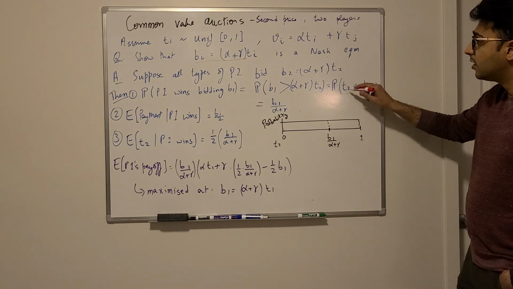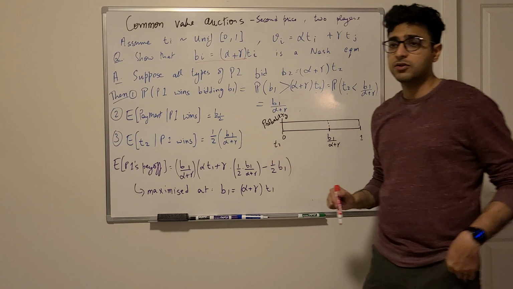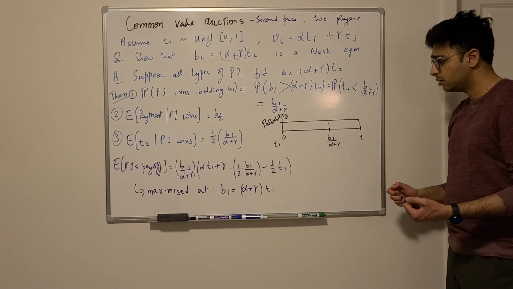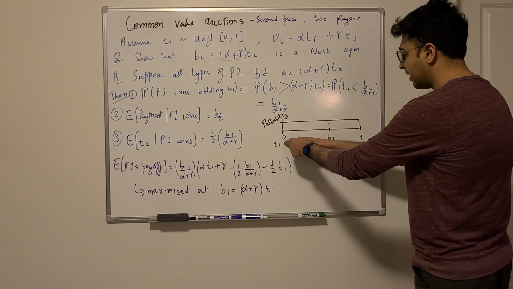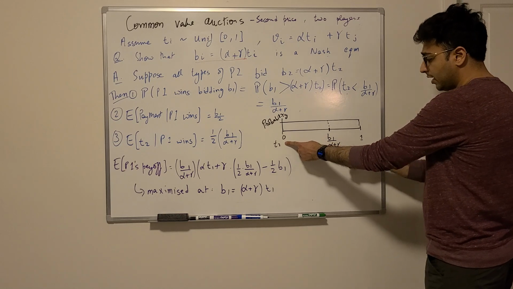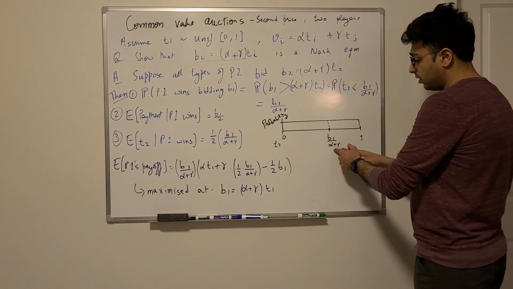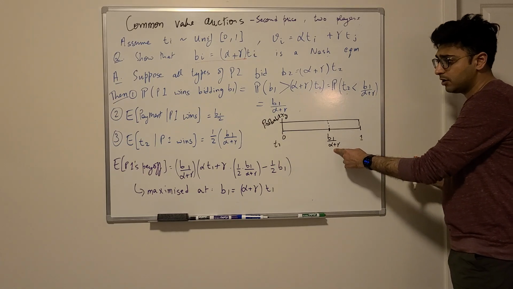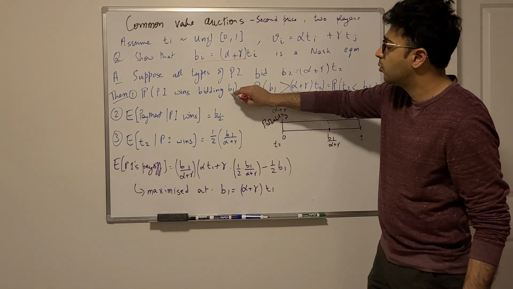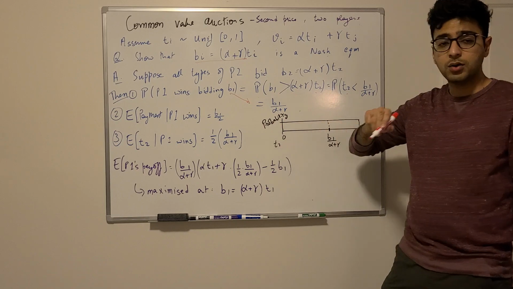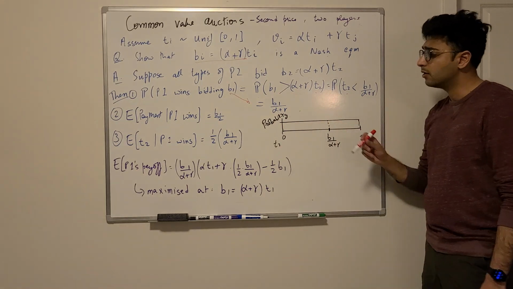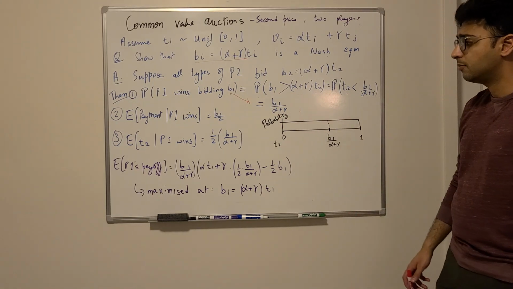And now we know that T2 is generated from a uniform distribution between 0 and 1, which means that the likelihood that T2 lies between 0 and B1 divided by alpha plus gamma is equal to B1 divided by alpha plus gamma. And so the probability that player 1 wins while bidding B1 equals B1 divided by alpha plus gamma.